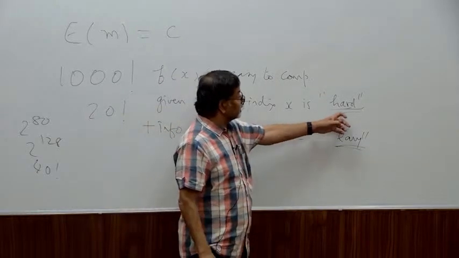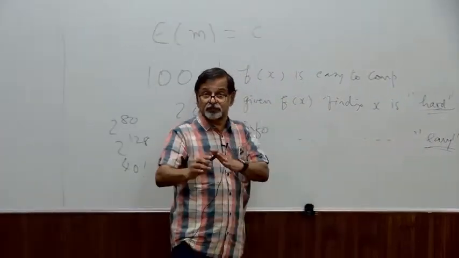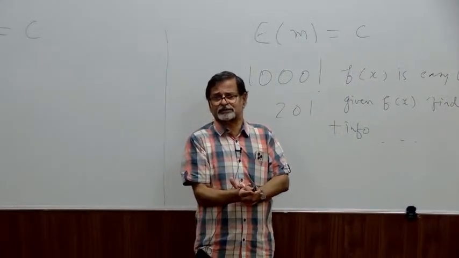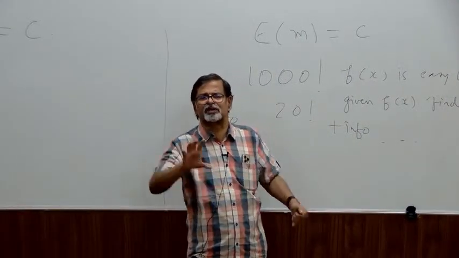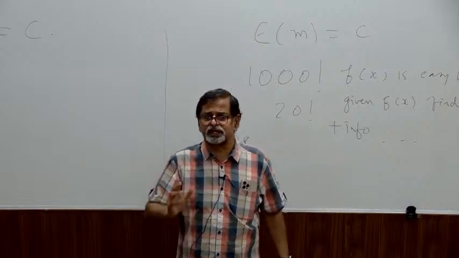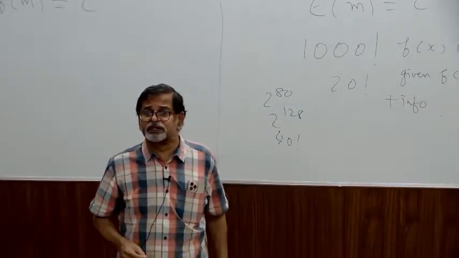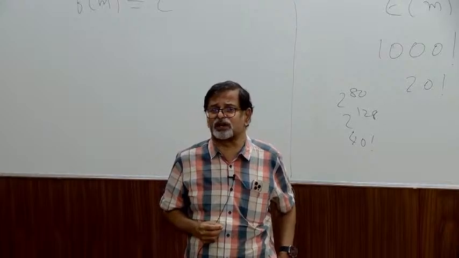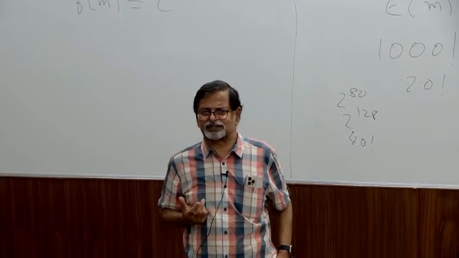That's what we mean by hard. So even if you randomly try, that's why randomized algorithms form the core of cryptography. In other words, computational infeasibility is defined in terms of probabilistic algorithms.